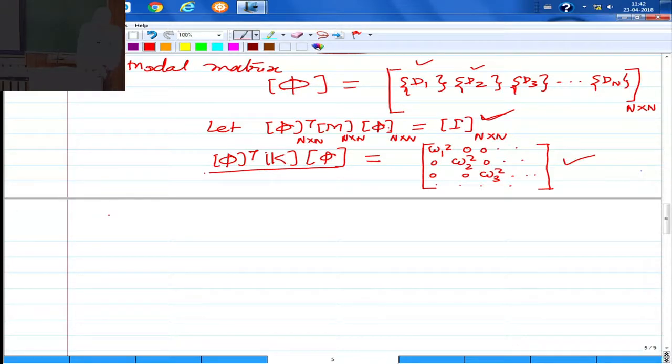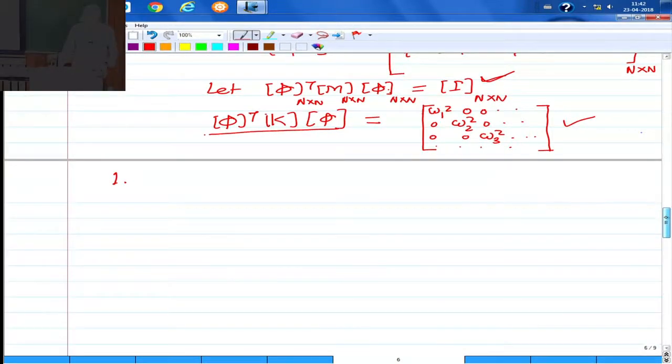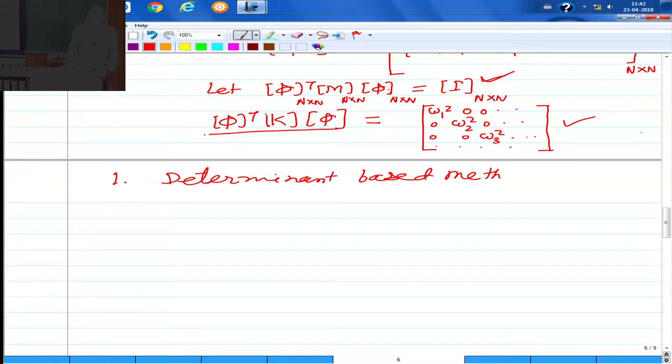So when you look at the algorithms for finding the eigenvalues, you can actually read more and more about this. What I am discussing very briefly is from P. Seshu. If you read Bathe, you can actually learn more about it. So one is, of course, determinant based methods for finding out the eigenvalues.